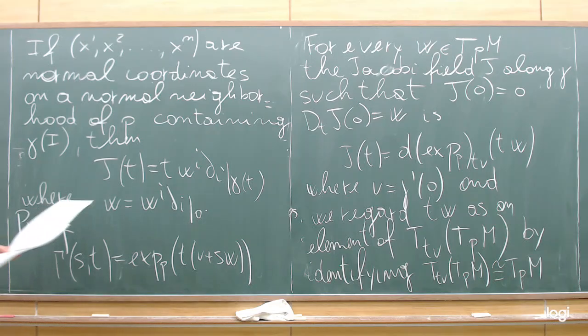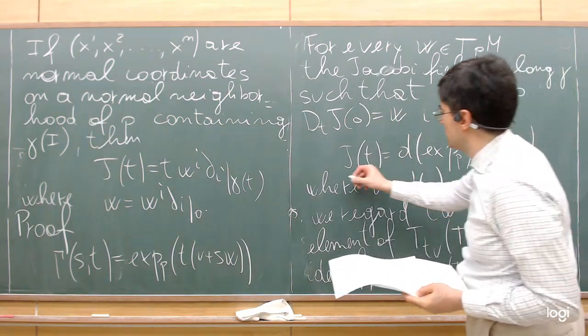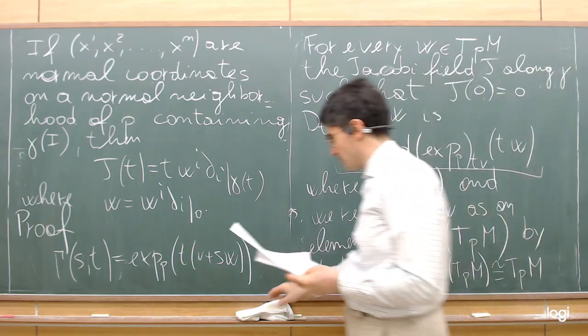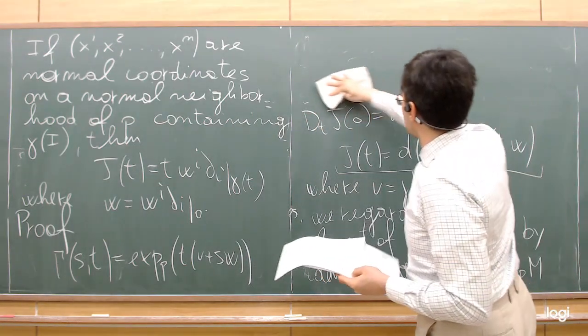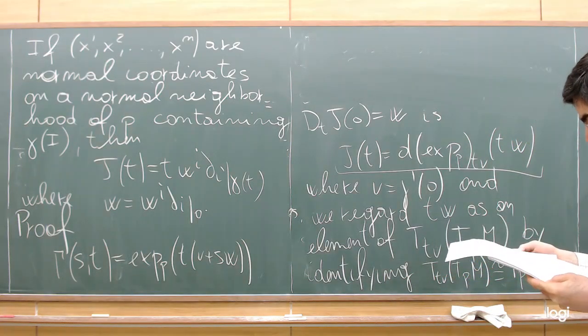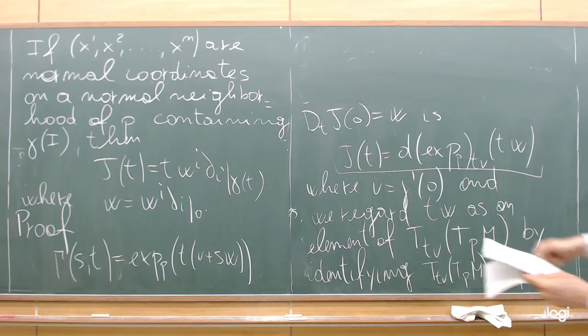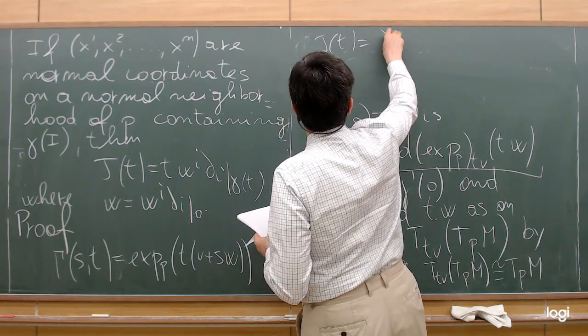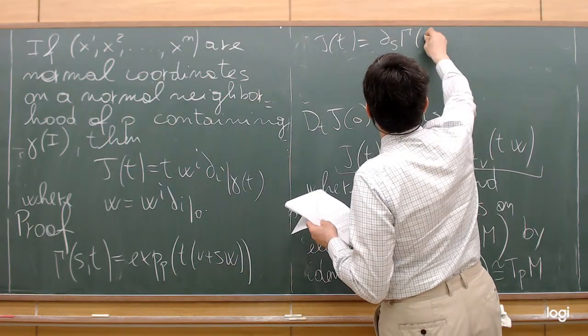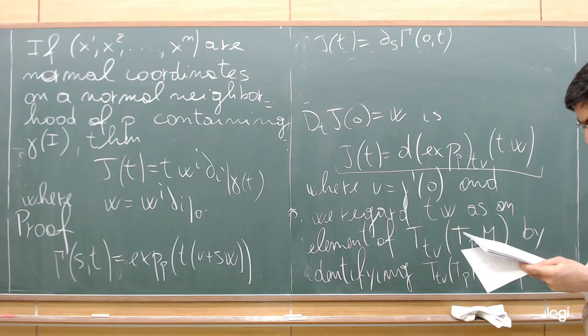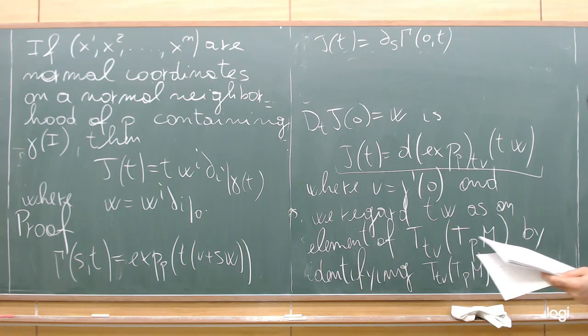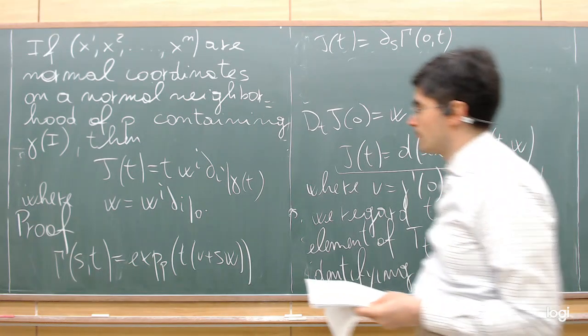And if you want to get this expression for J, you have to compute Jt equal to this derivative. What about this formula?